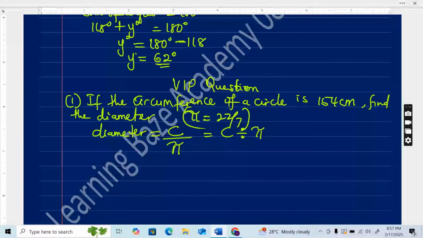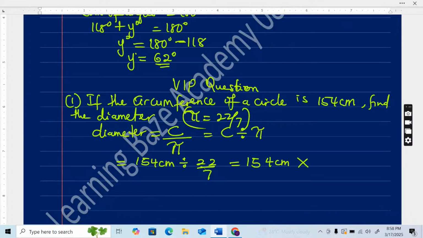So circumference divided by pi. Pi is 22/7. When you're dividing by a fraction, you turn the fraction upside down, but make sure you change the division to multiplication and turn 22/7 upside down. That will become 7/22.